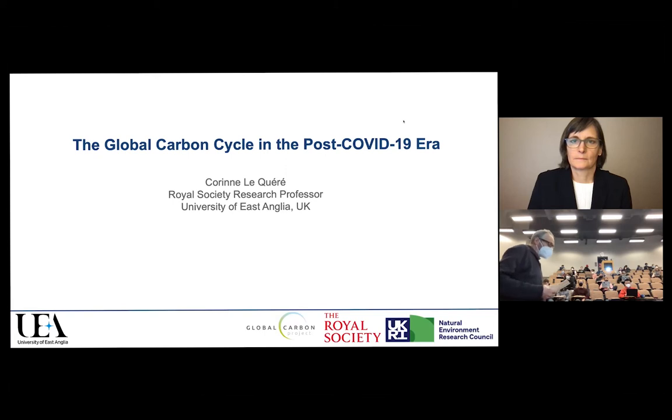Corinne initiated and directed the annual publication of the Global Carbon Budget for over a decade, and this gives detailed information concerning the sources and sinks of carbon to the atmosphere, and also the sinks of carbon to the land and ocean.